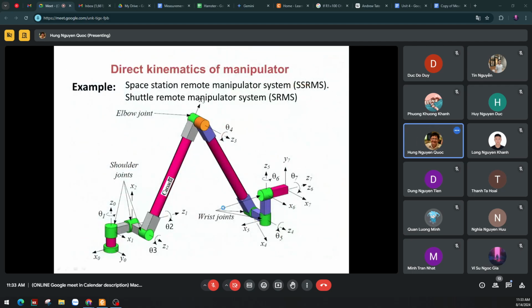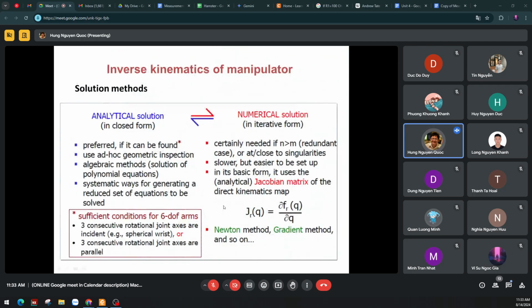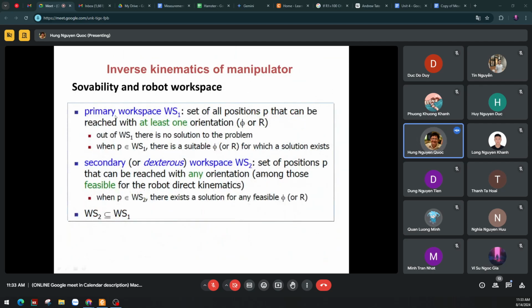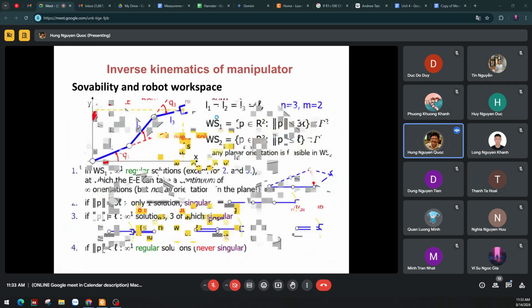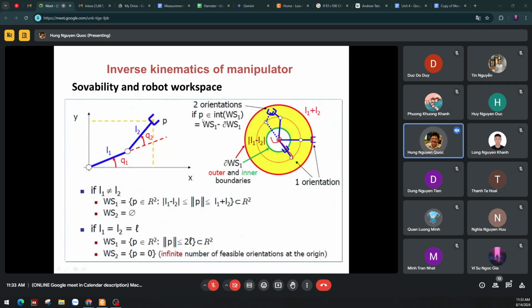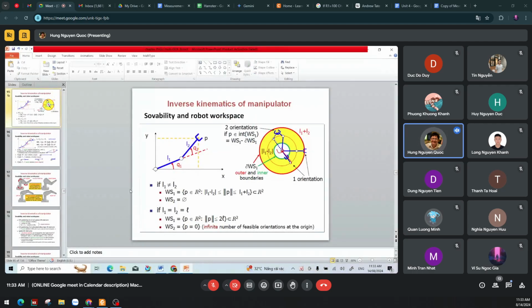For the next day, I will go a little bit about the inverse and the velocity problem of the robot, and then we can finish. And we have one more chapter, which I just want to introduce, about the gear system.